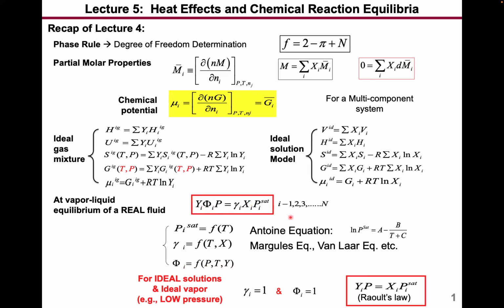We derived this equation using the fugacity concept. And for an ideal solution and ideal vapor, mainly at low pressure, gamma i goes to 1 and capital Phi goes to 1. So this general equation eventually reduces to Raoult's law for ideal solution models and ideal gas mixture models. Okay. All right.